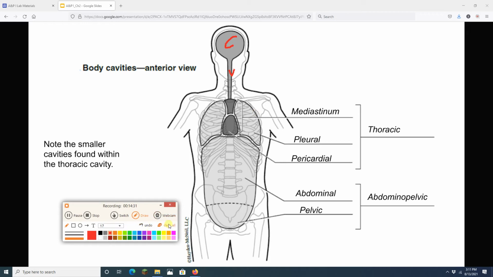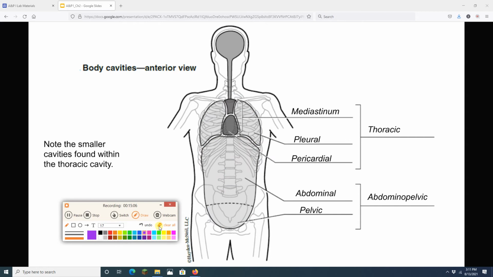Then this entire guy right here is the ventral body cavity. The ventral body cavity has the diaphragm, that muscle running along the middle. Above that diaphragm, we've got the thoracic cavity. Below that diaphragm, we've got the abdominopelvic, and we see the abdominal part and the pelvic part.